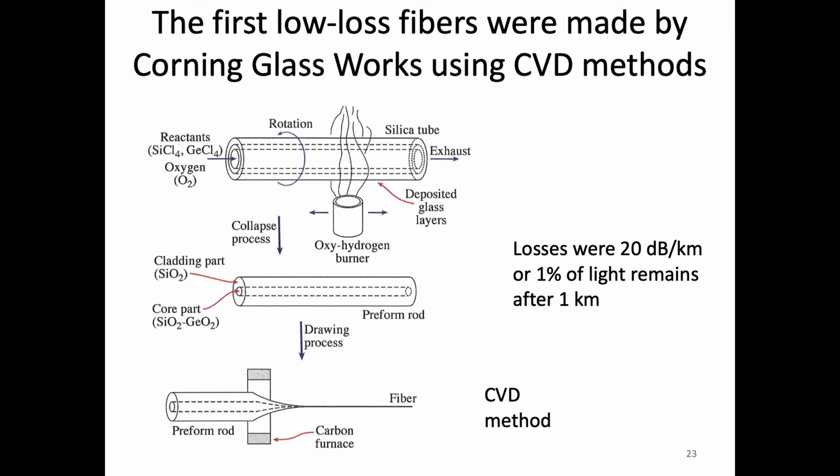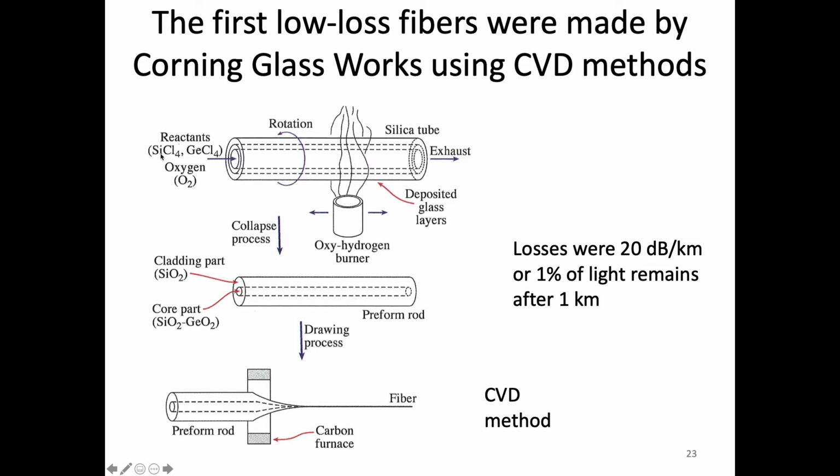Okay, so let's examine this process as well. So we start out with a silica tube. Again, we want to have the highest purity silica tube that we can have. So very high purity silica tube. And this acts as basically a tube furnace, because what we want to do is we have a heater on the outside, and what we want to do is add reactants.